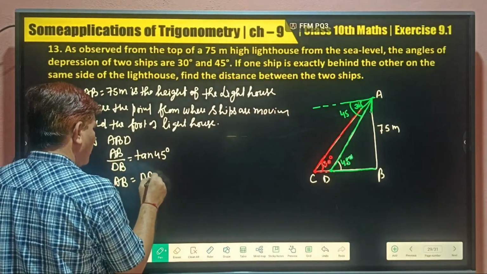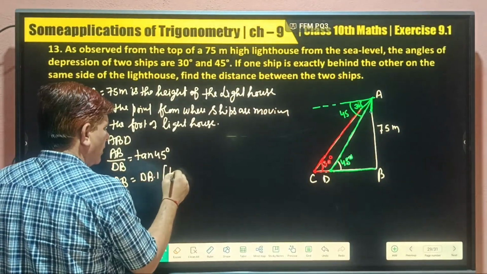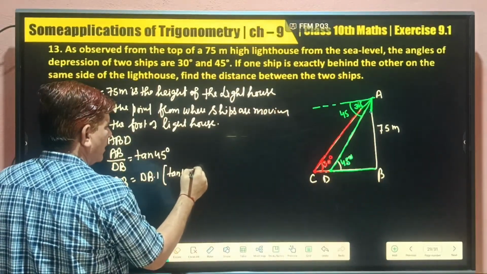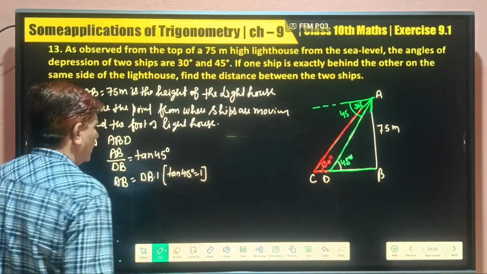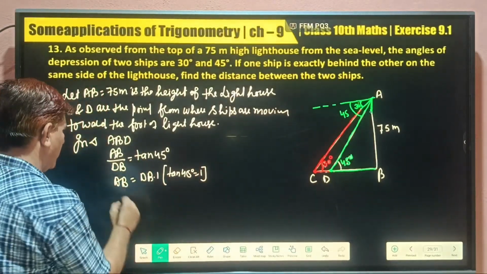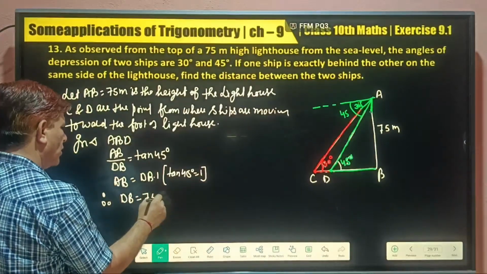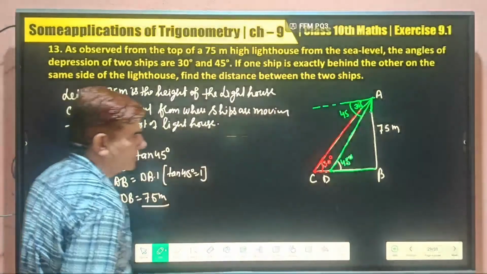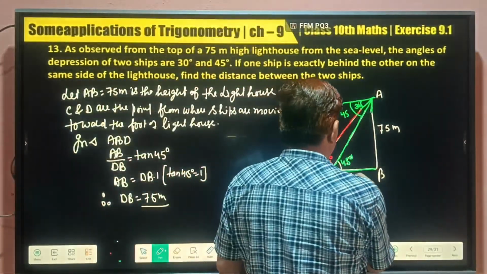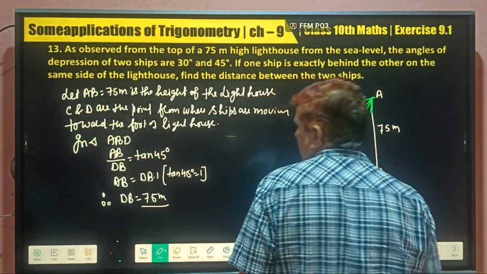So AB by DB equals 1. And what's your AB? 75. Therefore, DB is equal to 75 meters. So DB equals how much? 75 meters.